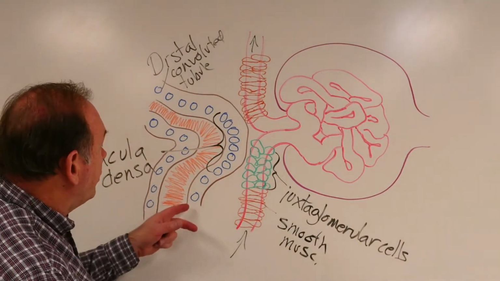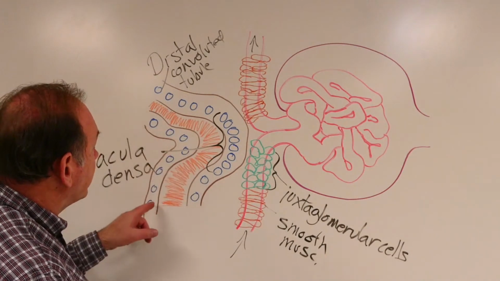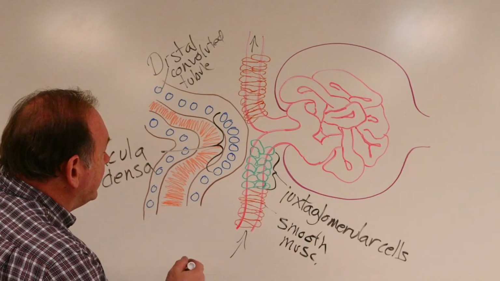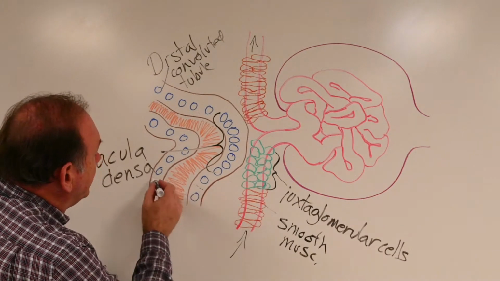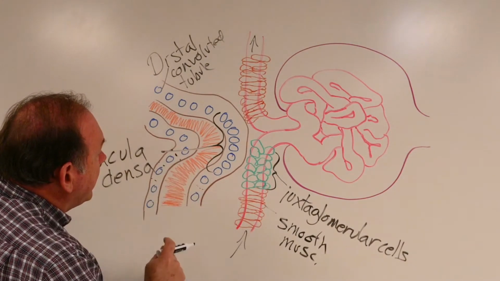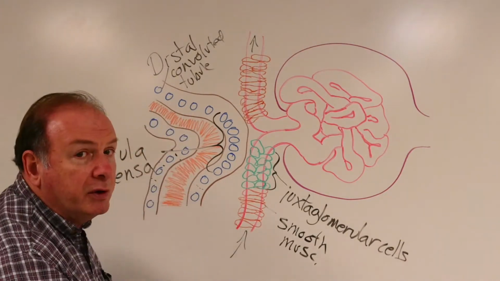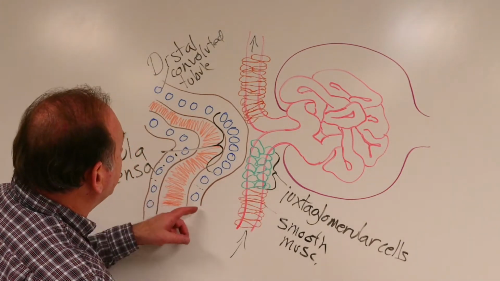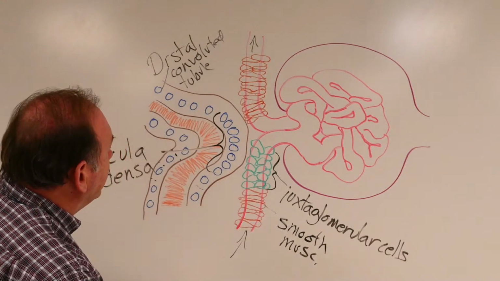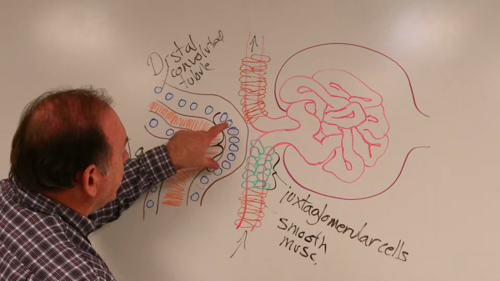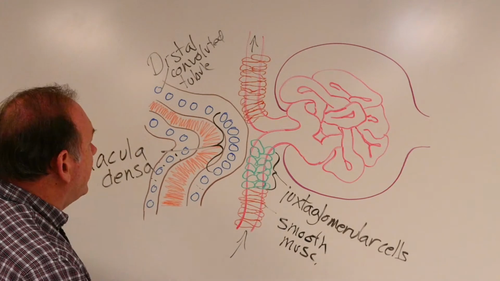These are all normal distal convoluted cells out here, so you really don't see the separation between the cuboidal cells out here in the distal tubule very well, but you can see the spacing of the nuclei very well. So those are normal cells of the distal convoluted tubule. These are not. These are special cells of the macula densa.